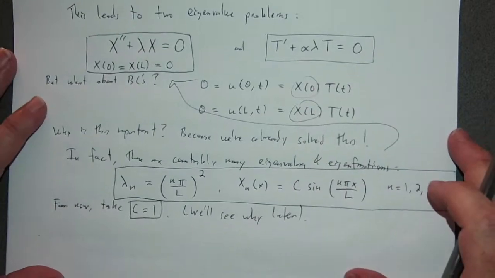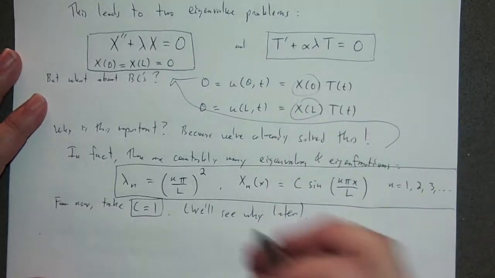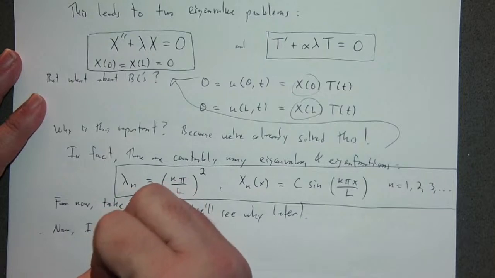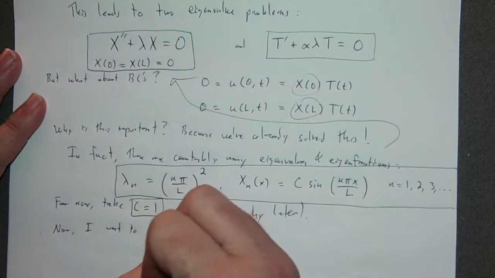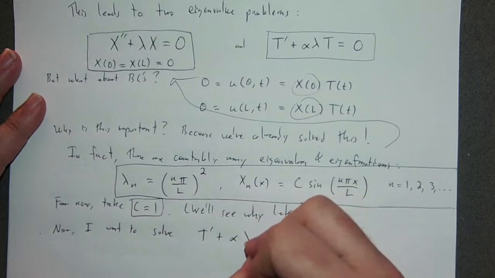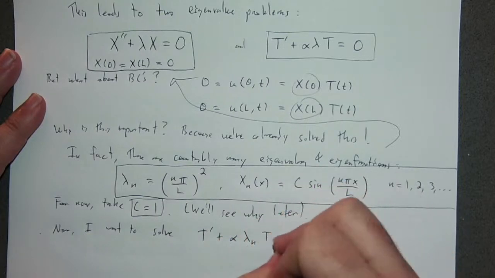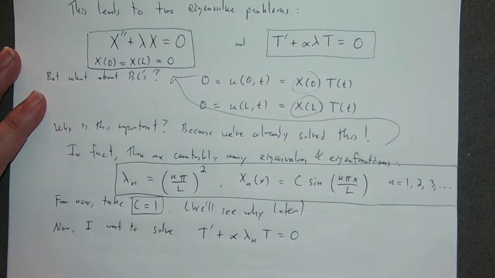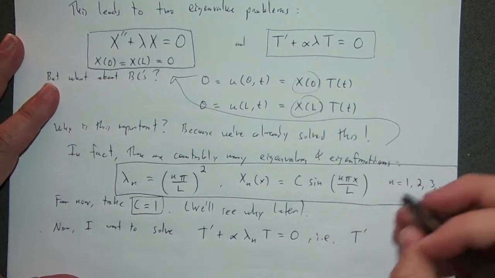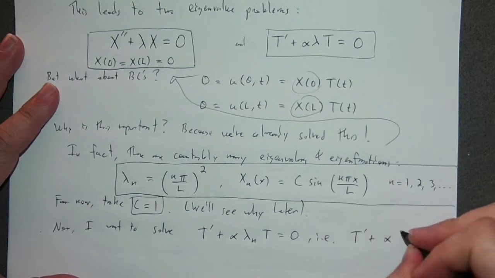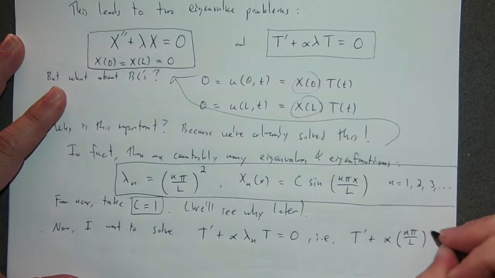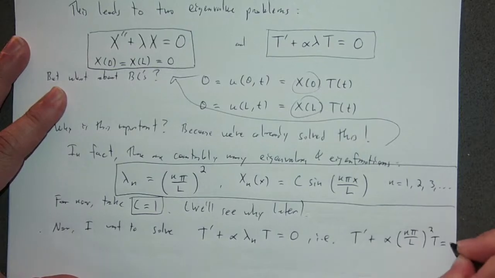And so this means that I'm looking for, so now I want to solve t prime plus alpha lambda sub n t equals 0, i.e. t prime plus alpha times n pi over L squared t is equal to 0.